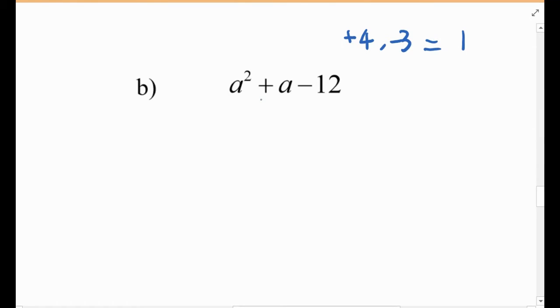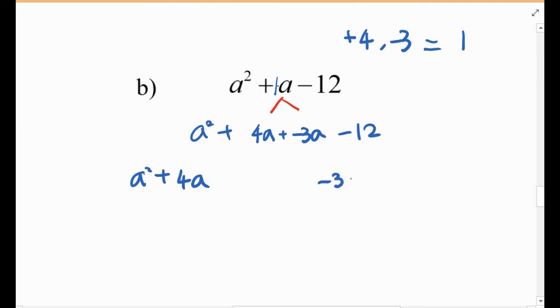So we're going to use the decomposition method. 1a, remember 1 is hiding. 1a is 4a plus negative 3a. So a squared plus 4a plus negative 3a minus 12. Again, everyone, we're going to factor out the GCF.